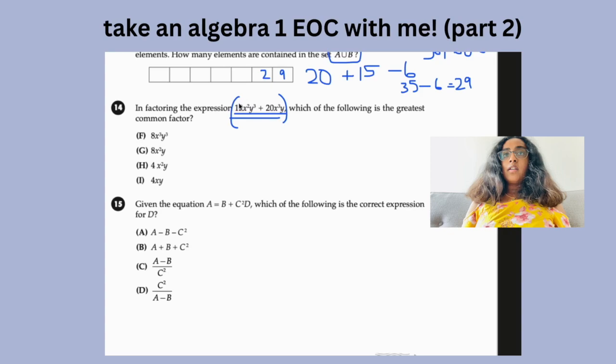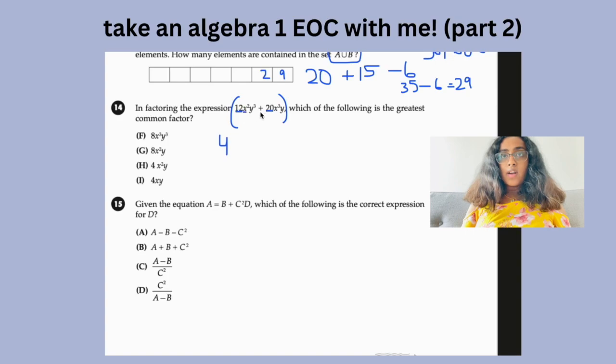So we find the greatest common factor of every little thing, and mesh them all together. So let's say we have 12 and 20. What is the greatest common factor of 12 and 20? In this case, I think it would be 4, because it's 4, 8, 12, 16, 20. So it would be 4.